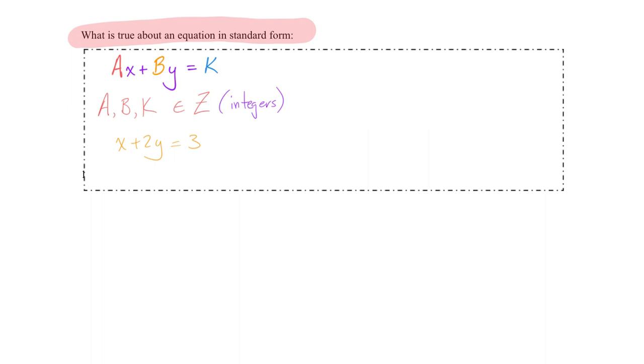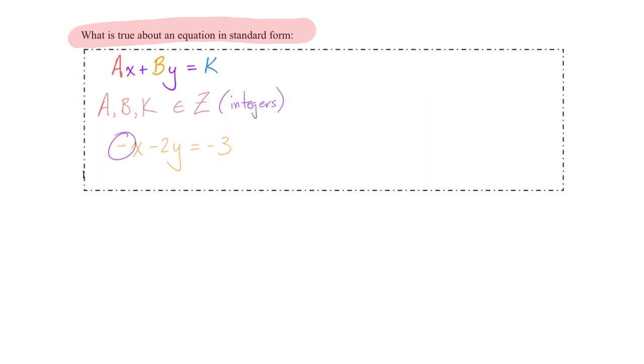However, if I change that up and say A is negative 1, B is negative 2, K is negative 3, you'll notice that isn't standard form. It's not that those things were negative, it's that the A was negative.